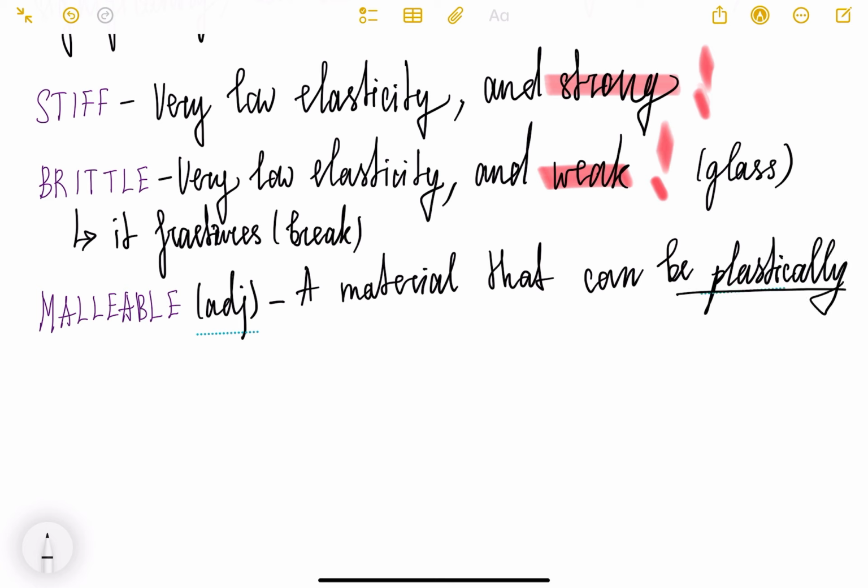Plastically is the big word, because you can't use the word malleable for an elastic material.